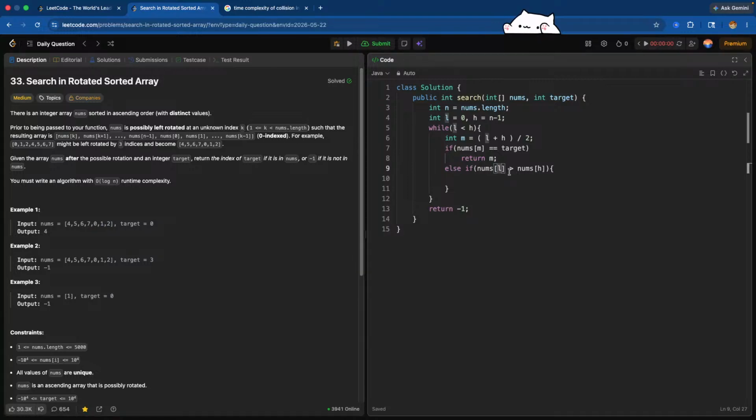Alright, if L is less than M, then if the target is not between this, if it is between this, then our high is mid, else our low is mid plus 1. Okay, alright.